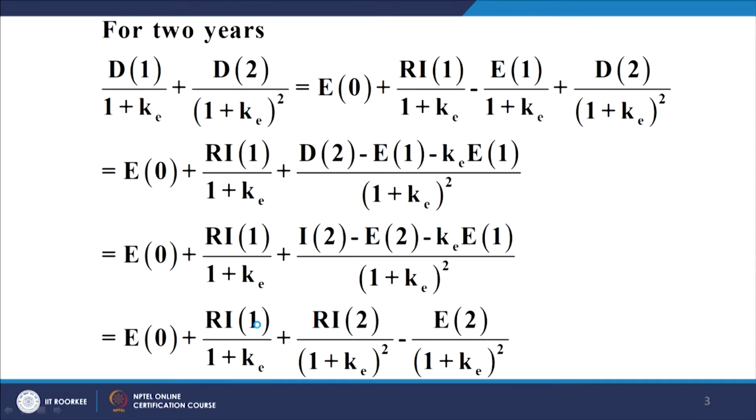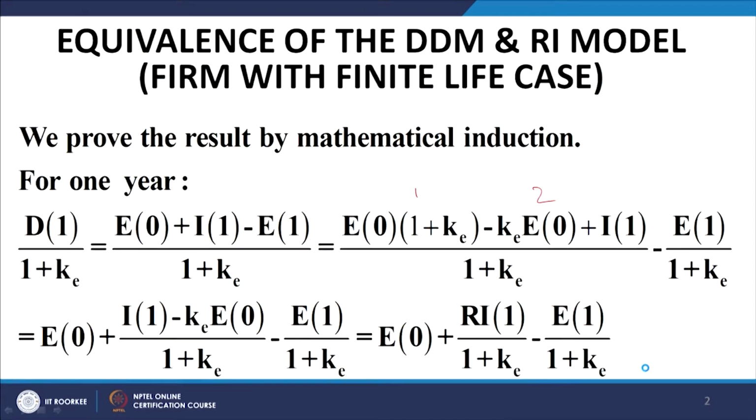Again, we do a bit of algebraic simplification in the same manner as we had done earlier, and what we end up with is E 0 plus RI 1 upon 1 plus k e plus RI 2 upon 1 plus k e square minus E 2 upon 1 plus k e square. This is equation 2.